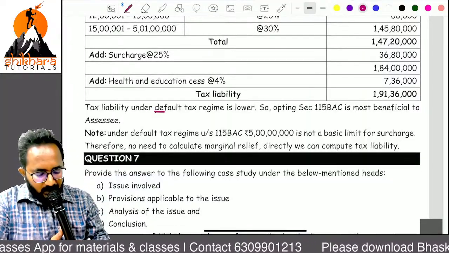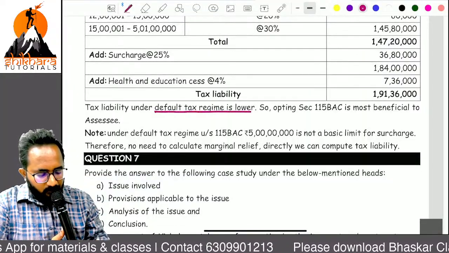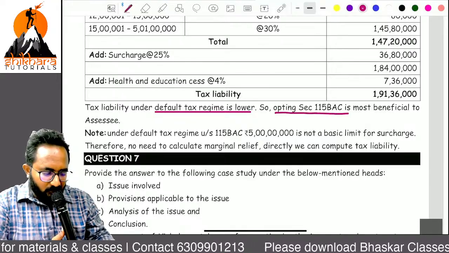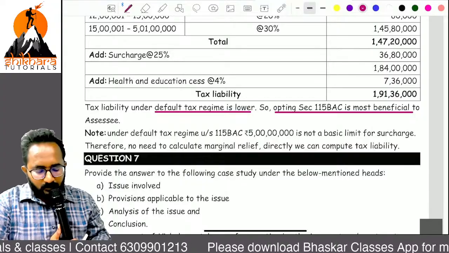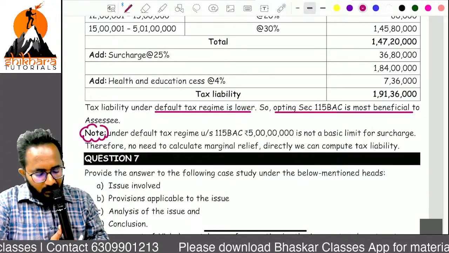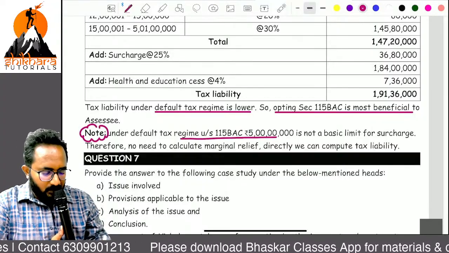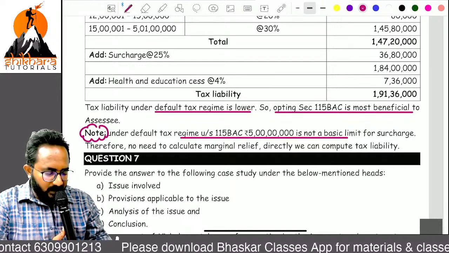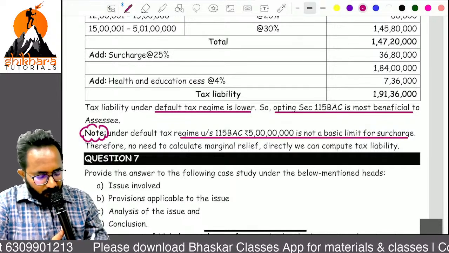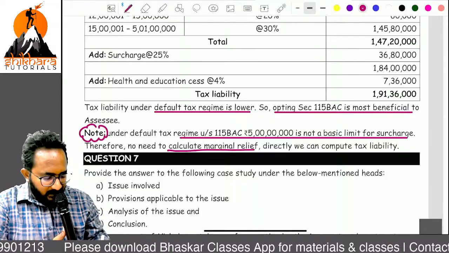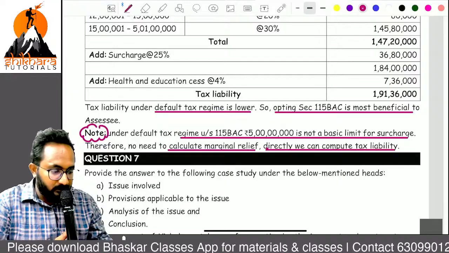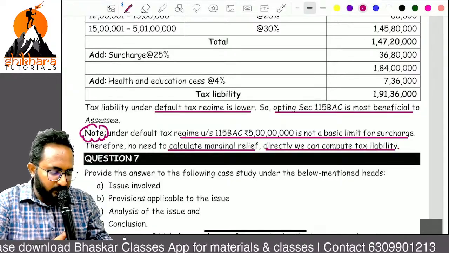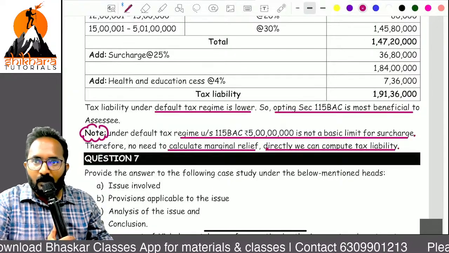Tax liability under the default tax regime is lower, so opting under section 115BAC is the most beneficial to the assessee. I have given a note point here: under the default tax regime, 5 crore is not a basic limit for surcharge. Therefore, no need to calculate marginal relief; directly we can compute the tax liability. This is for understanding purposes only, so I mentioned it as a note. Clear?